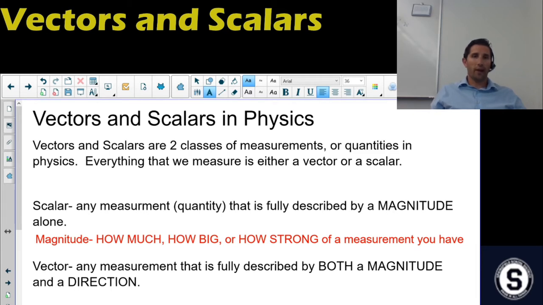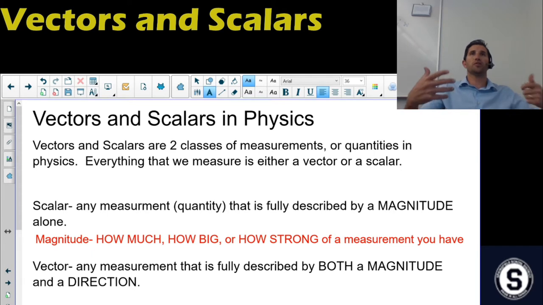It's either a scalar or it's a vector, and we're going to put them into their classes, okay? So a scalar is any measurement or quantity that is fully described by a magnitude alone. And you'll notice that I made that word magnitude in all caps there because it's a really important word in physics. When we talk about the word magnitude, we're talking about how much or how big or how strong of a measurement you have.